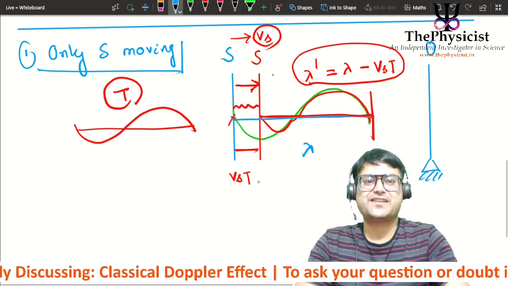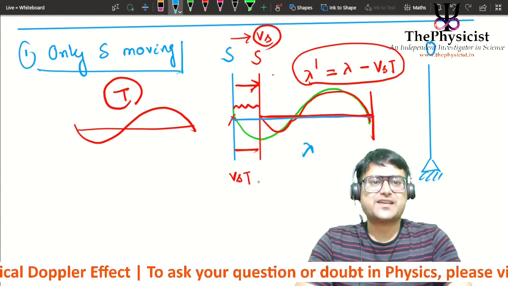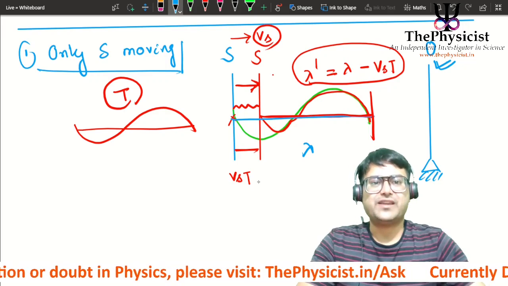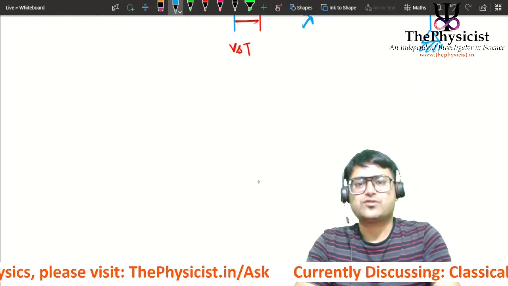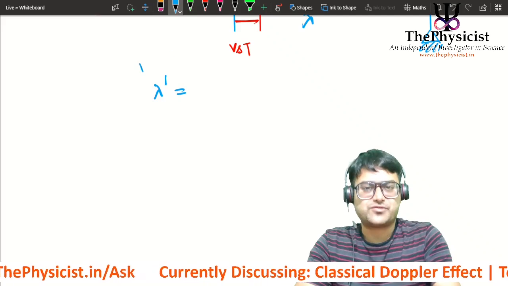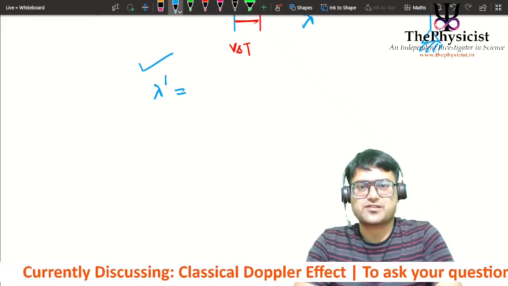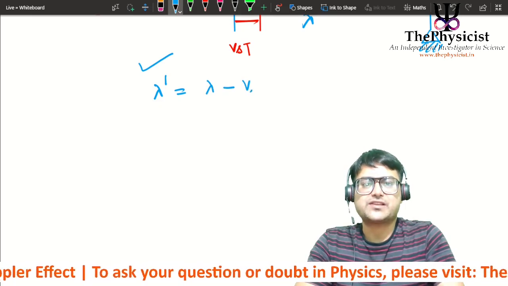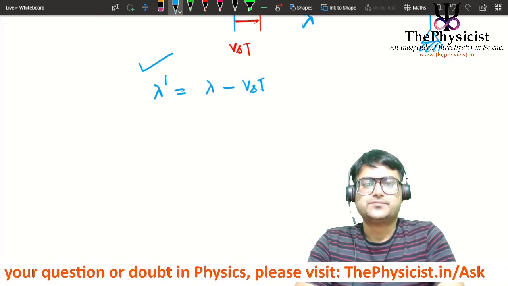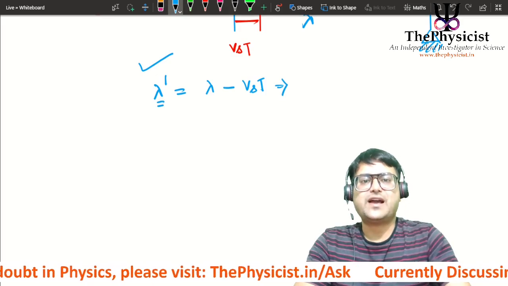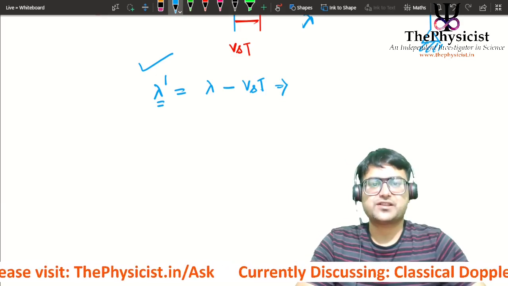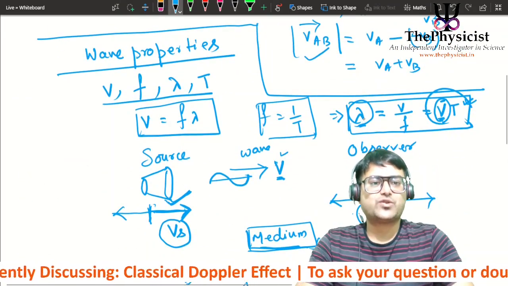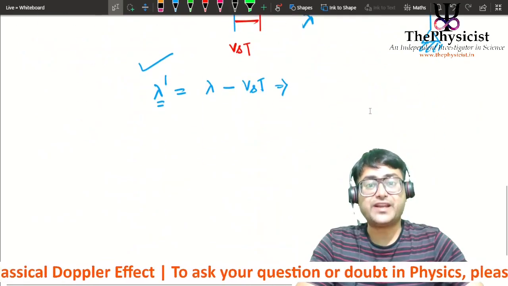Now let's get back. So basically for the observer who is at rest, he will perceive a deformed wave which has a lesser wavelength, right? So for him, lambda dash, the apparent wavelength that the observer observes, is the actual wavelength minus vs into T. That also means, as we have discussed in the wave properties section, lambda is v into T. So lambda dash will be v into T dash, right?